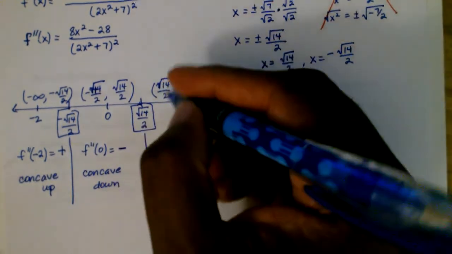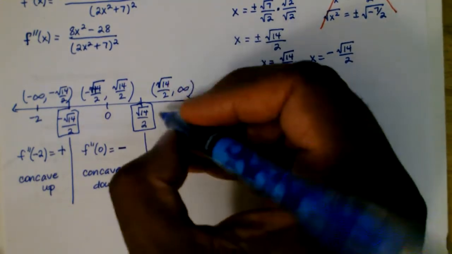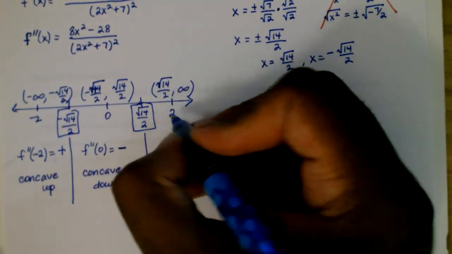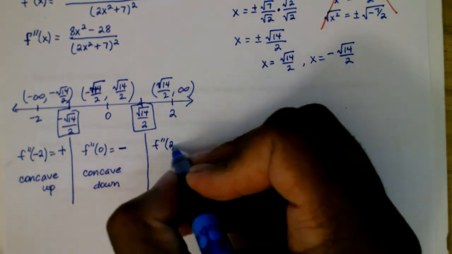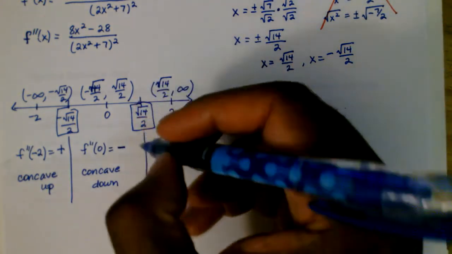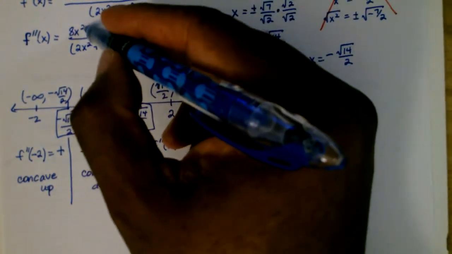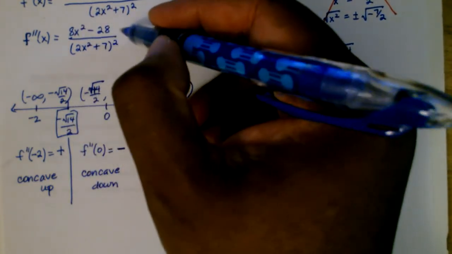And then finally, the square root of 14 over 2. I know that's going to be a positive 1.87 up to infinity. Let's use a positive 2. And then find f double prime of 2. All right, in this case here, 2 squared will be 4, times 8 will be 32, minus 28 will be a positive number in the numerator.